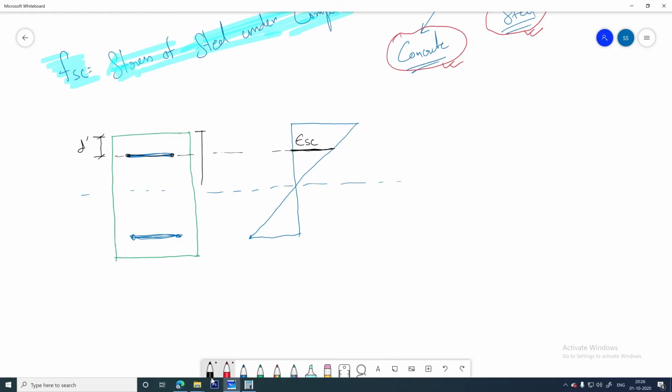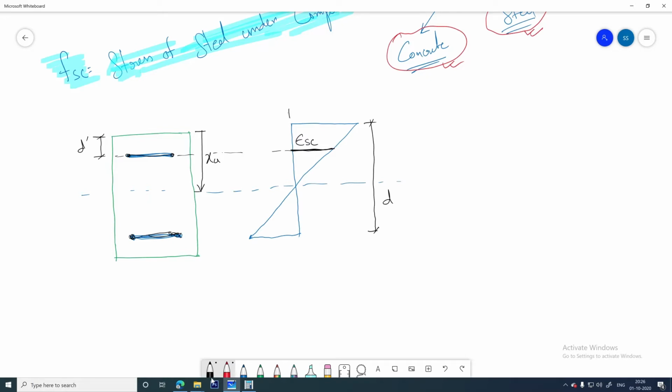And you know this is the depth of the neutral axis, that is actually XU, and this total depth from the top to the center of this bottom reinforcement is D, the effective depth.